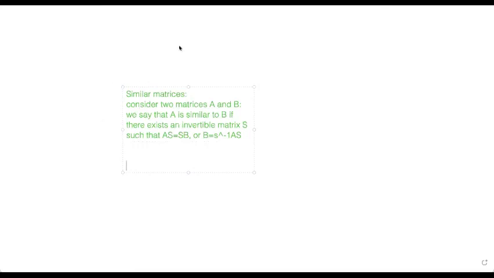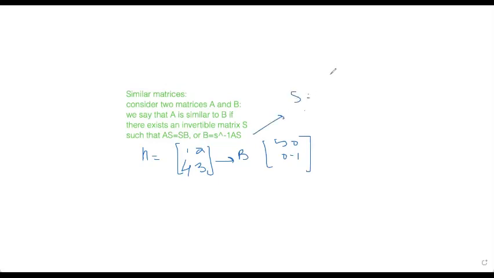Let's imagine that we've got a matrix A, which equals 1, 2, 4, 3, similar to B equals 5, 0, 0, negative 1. We want to find out if these two are similar. How do we do that? We're looking for a matrix S, and we're just going to assign variables here, where we've got x, y, z, t, such that this relationship is true, right?